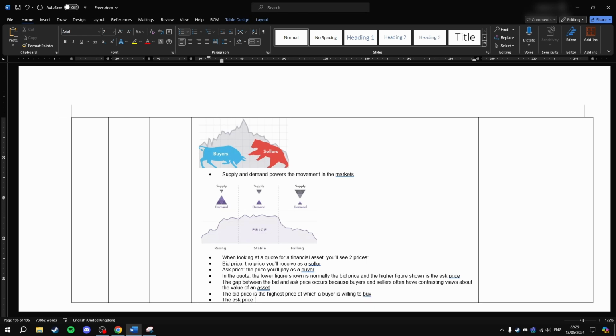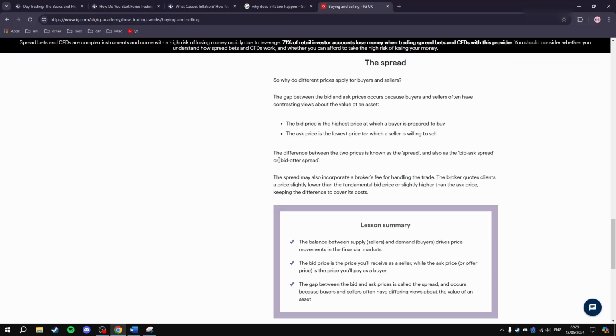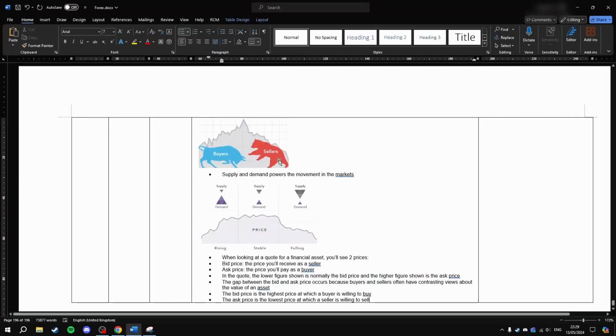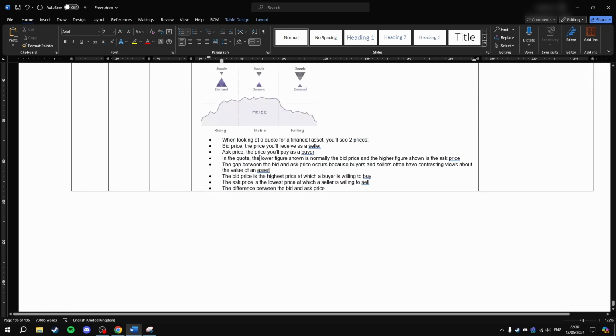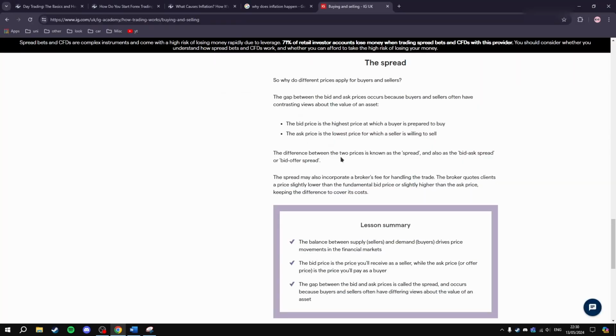The ask price is the lowest price at which a seller is willing to sell. The difference between the two prices is known as a spread, also called the bid-ask spread or bid-offer spread.